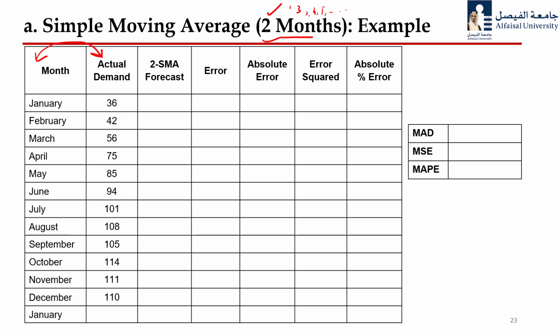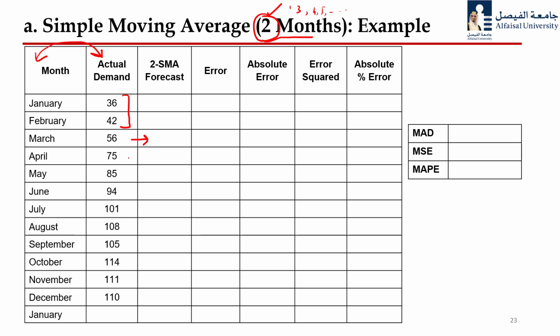I will talk about it in a minute, but first let's discuss how we can apply the 2 months simple moving average. Because we are applying 2 months, the first 2 months are used to predict the third month's moving forecast value.